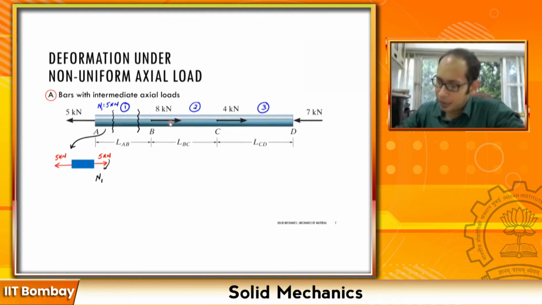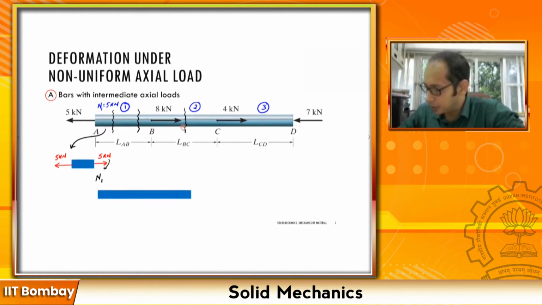So while I'm at section 2, if I take another breakage point over there, and if I have to draw the free body diagram of this entire chunk, essentially from this particular end to this end over here, the free body diagram of that may look something like this, right? So here in this one, I have this externally applied load 5 kilonewton, right? Now at this particular point I have, so this is my point A.